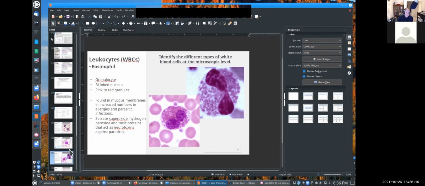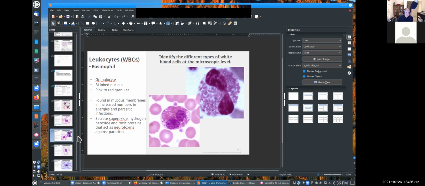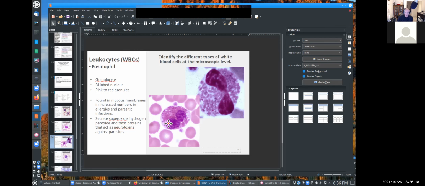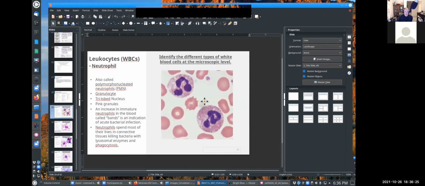They're kind of similar looking to neutrophils, but they're just bilobed, and the granules will be pretty red. You can tell distinctly. These are always just kind of muted, maybe light pink, or there might be a few speckled blue in there.